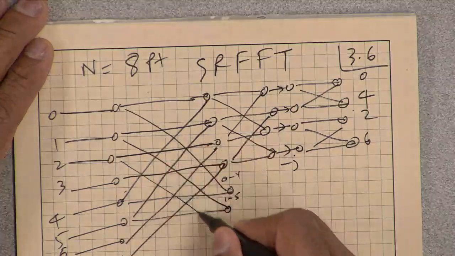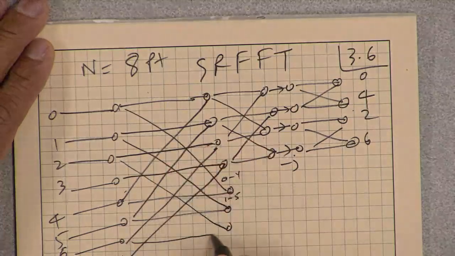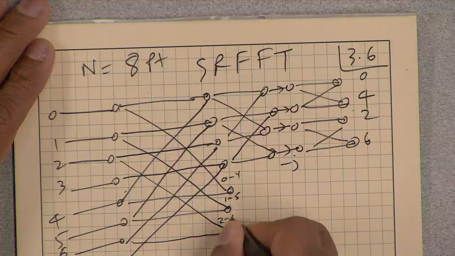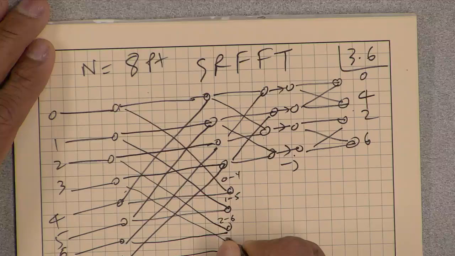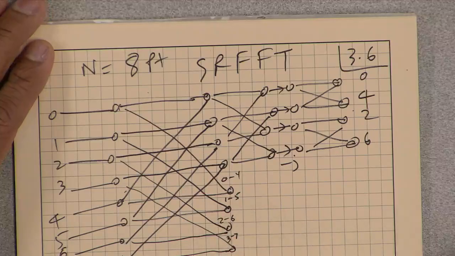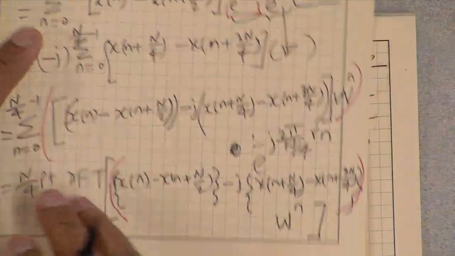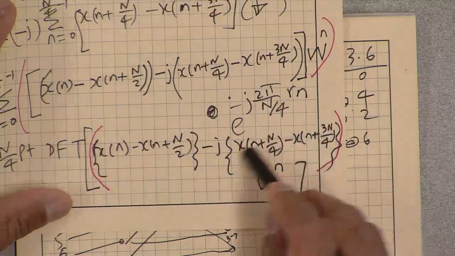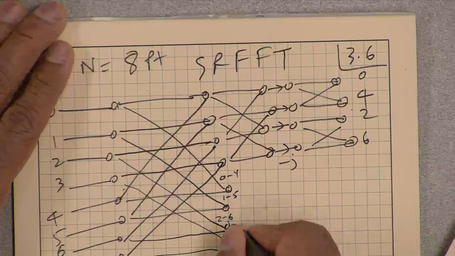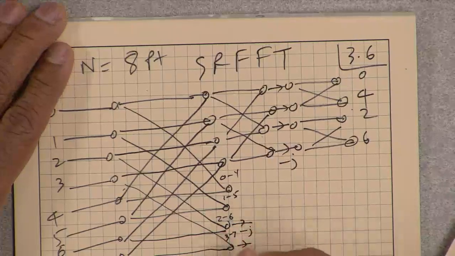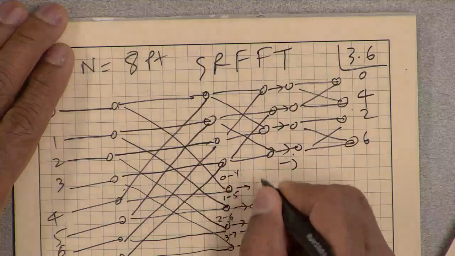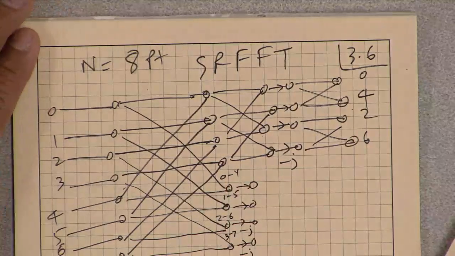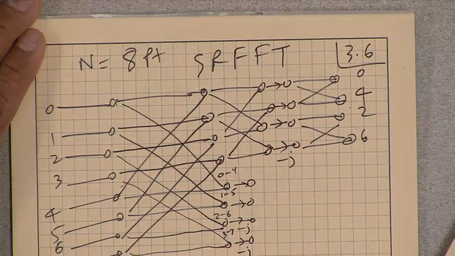So 2 minus 6 and 3 minus 7. Then we multiply minus j to these two quantities. Nothing is added to those, so they stay the same.